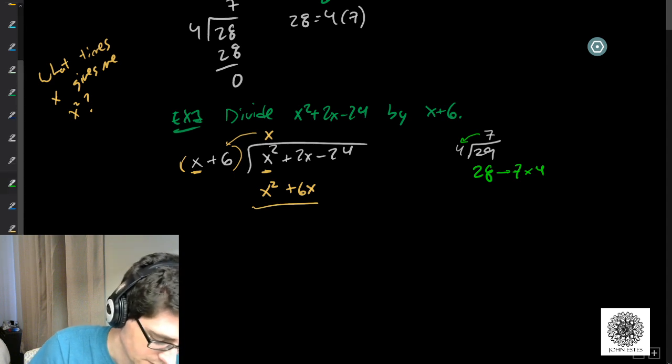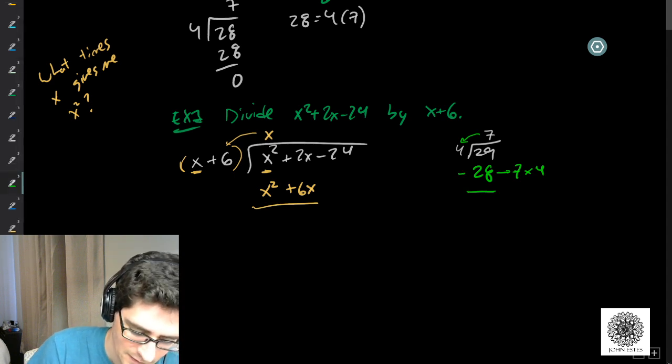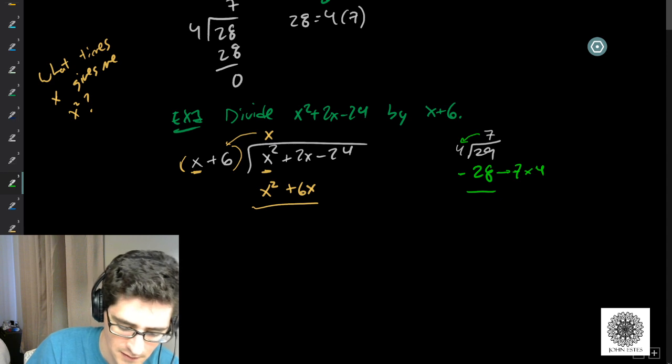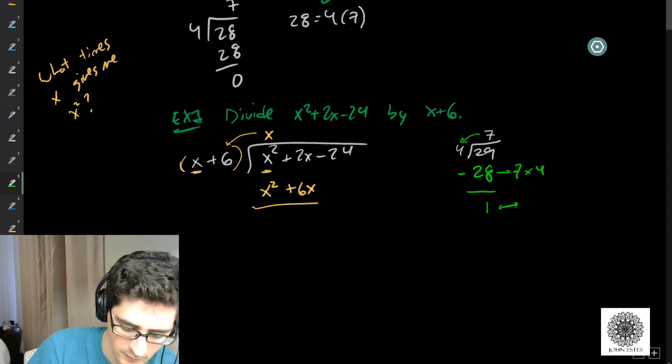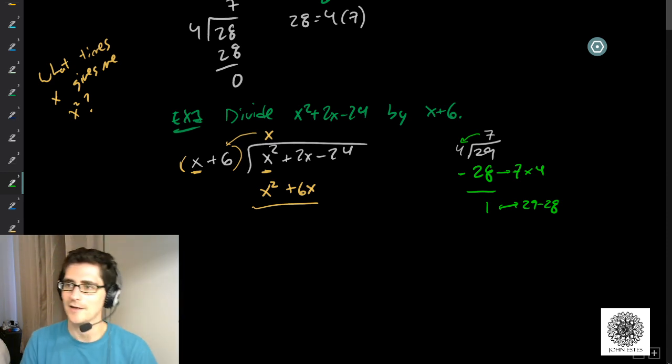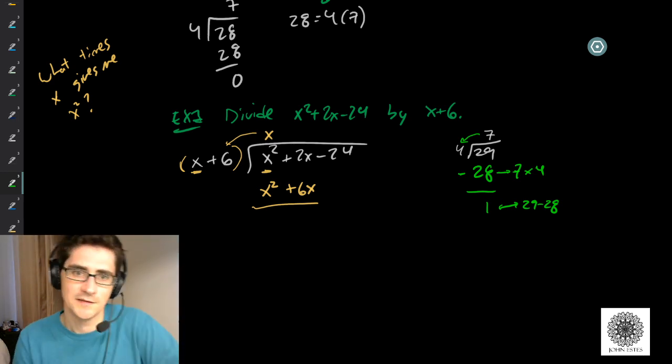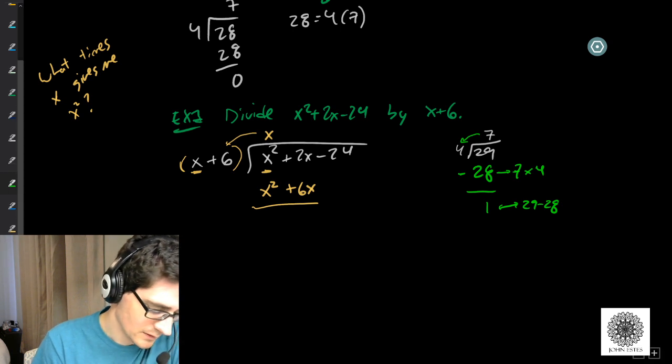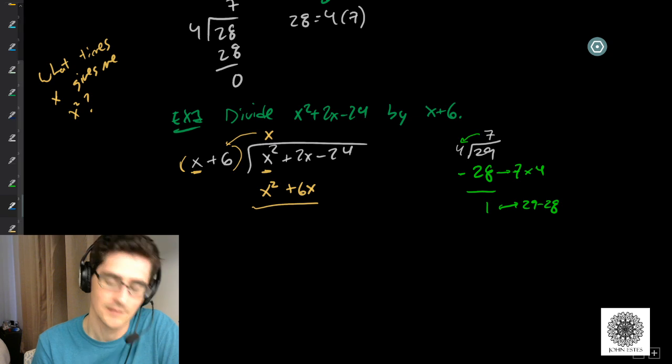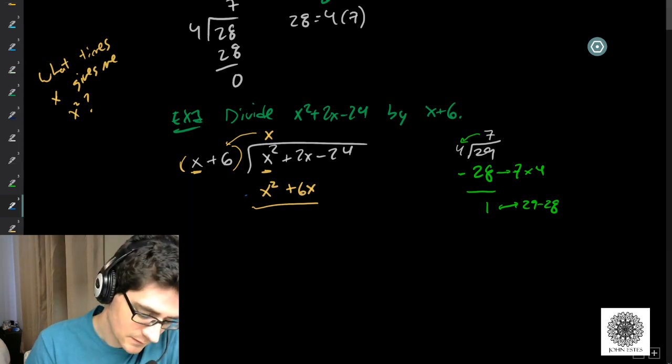Now what did we do after that? We subtracted, right? We said 29 minus 28 gives me 1. So now I'm going to subtract the x squared plus 6x. What you need to be careful about here, and this is a very common mistake, is that you're subtracting everything. So what I recommend is you distribute your sign.